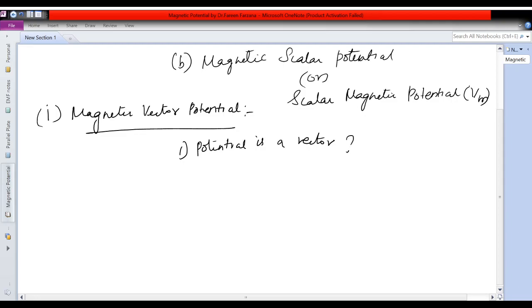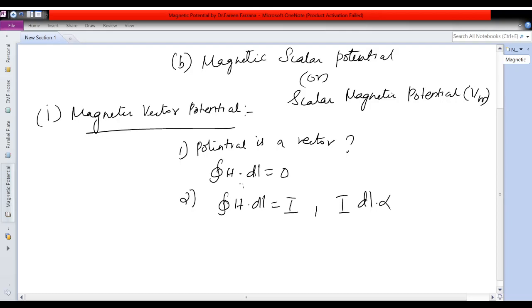What is the reason? Scalar magnetic potential exists if there is no current enclosed, that is when the line integral of H dot dl is equal to 0. Only in this condition does your scalar magnetic potential exist. If there is current, by Ampere circuital law we know that H dot dl is equal to I. So if there is current enclosed, then the potential depends upon the current element.